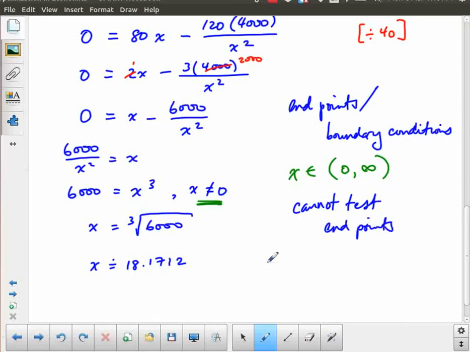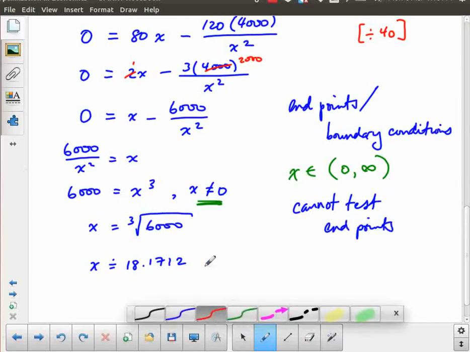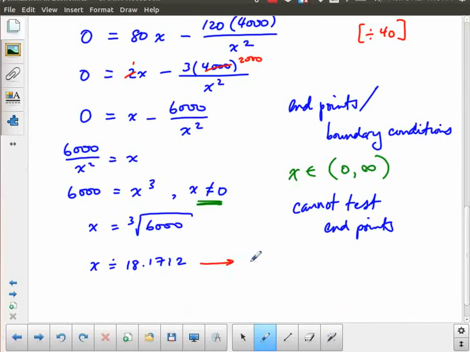And so if we can't test our endpoints, then it raises the question, is this a local max or min? And actually, not only does it raise that question, but since this is the only extrema that we can detect, since we can't detect endpoints, that means we cannot have absolute extrema here.